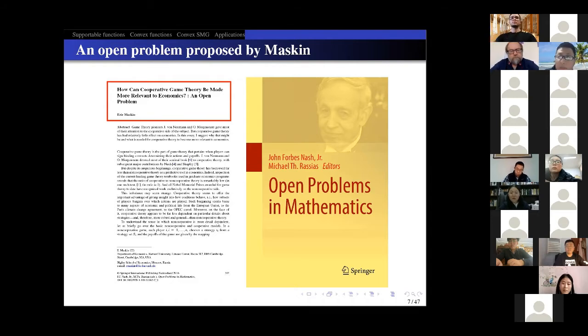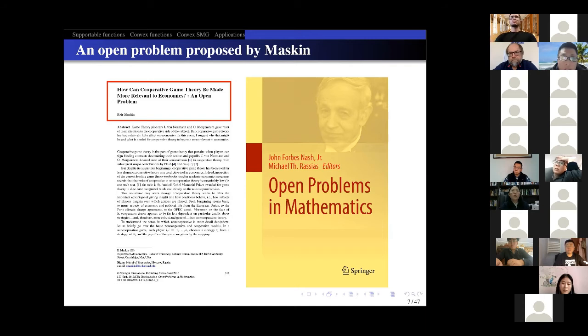Because cooperative game theory has a very glorious history. For example, its founding book, the one by von Neumann and Morgenstern, almost 2/3 of it was actually cooperative game theory. Also, many game theorists believe that cooperative game theory has its advantages.